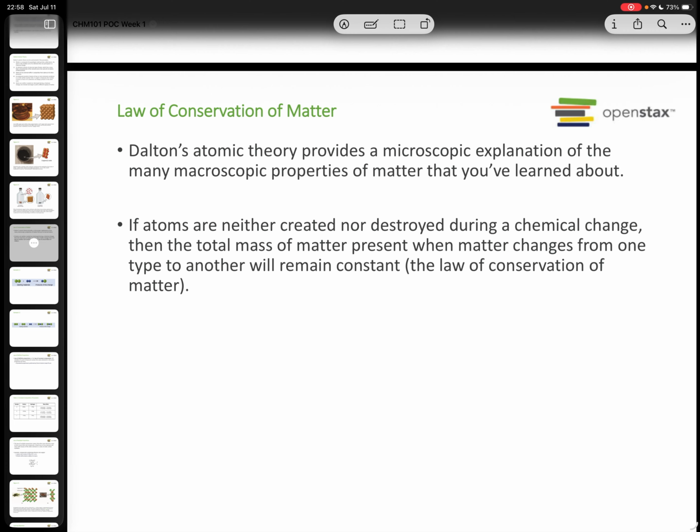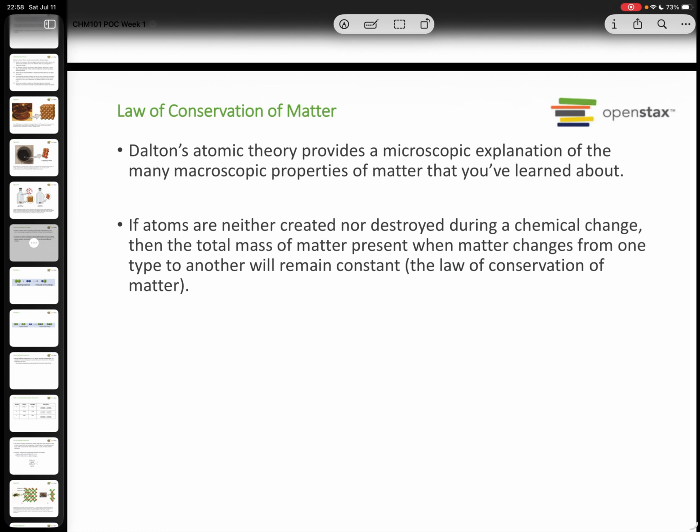Well, yung microscopic means we explain it using atoms, okay? So, if atoms are neither created nor destroyed during a chemical change, then the total amount of matter should remain constant, okay?